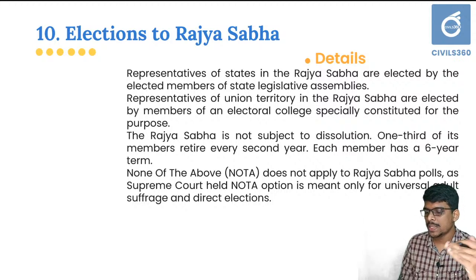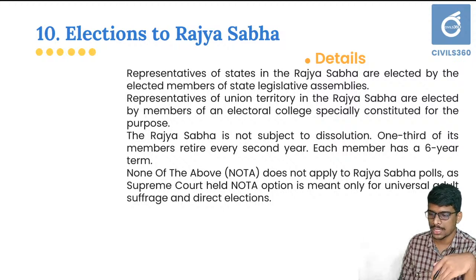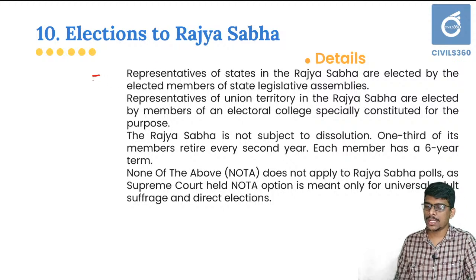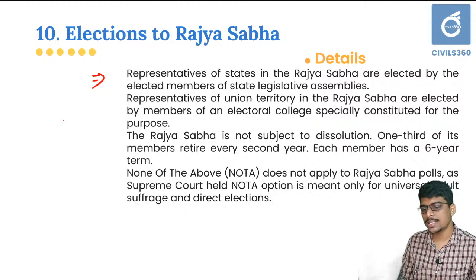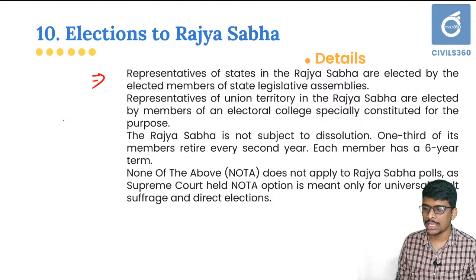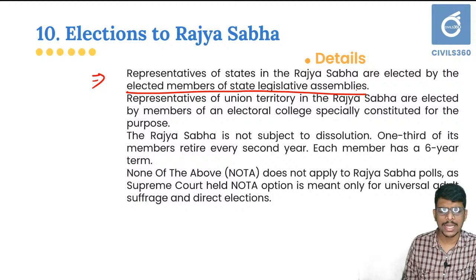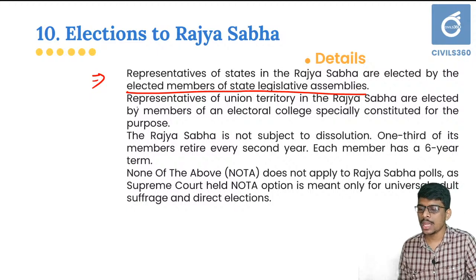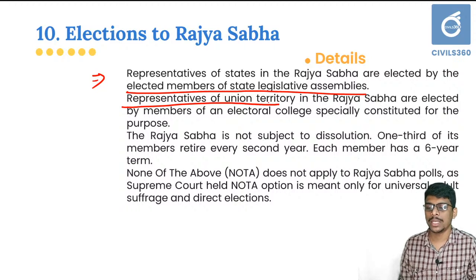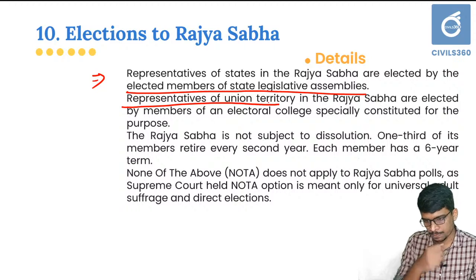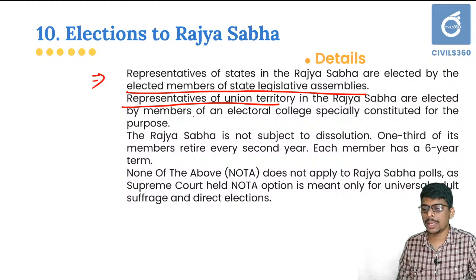Representatives of states in Rajya Sabha are elected by the elected members of the State Legislative Assemblies. And representatives of Union Territories in Rajya Sabha are elected by the members of an electoral college specially constituted for the purpose.